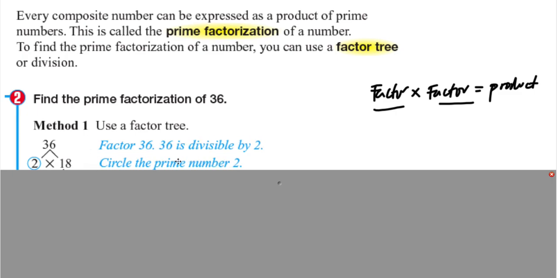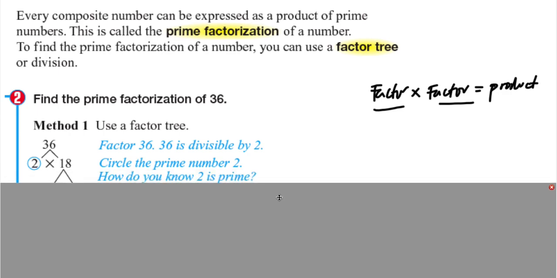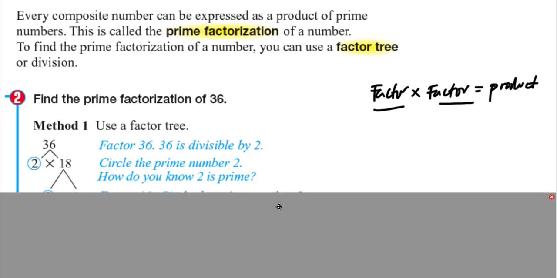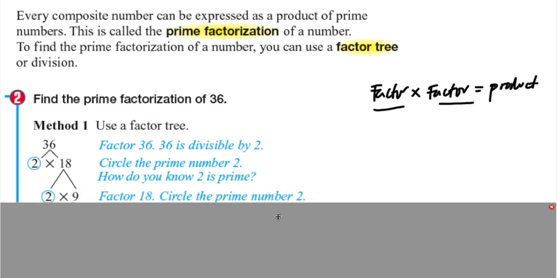Circle the prime number 2. After you get a prime number, stop factoring at the circle. 18 is not a prime number, so we continue factoring. Find two factors of 18. 2 times 9 is 18. Again, 2 is a prime number, 9 is not.